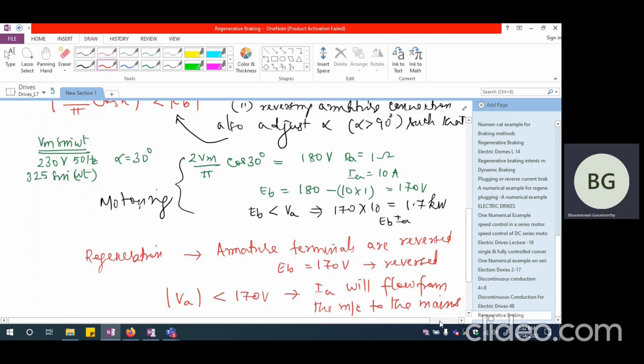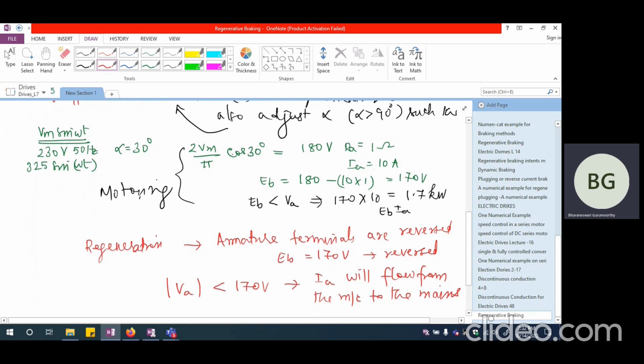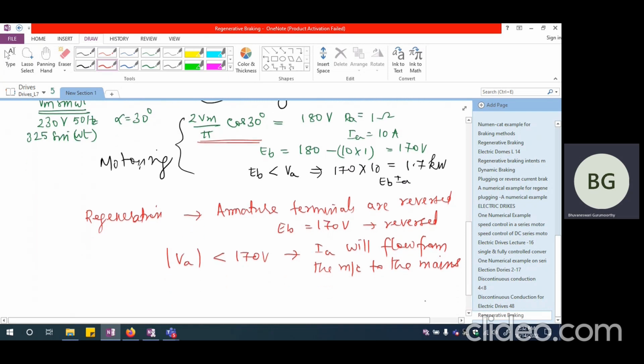So if this has to be less than 170 volts, obviously we got 2 Vm by pi cos 30 as 180 volts. If I try to put 2 Vm by pi cos of 180 minus 30, then also I will be getting this voltage to be 180 volts, but this will be minus 180.